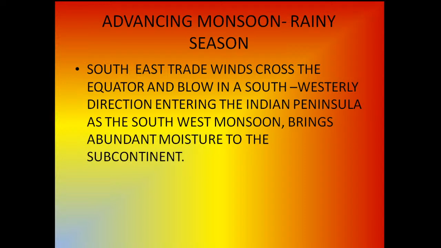As they pass over the equatorial warm currents, they carry a lot of moisture. जब ये लोग इक्वेटर को क्रॉस करते हैं, इक्वेटर के ऊपर से निकलते हैं, वार्म करंट्स होते हैं इस समय, तो इसमें मॉइस्चर बहुत ज़्यादा हो जाता है. सो ये जो पास होते हैं वहाँ से इक्वेटोरियल वार्म करंट्स, ये अपने साथ मॉइस्चर ले जाते हैं.